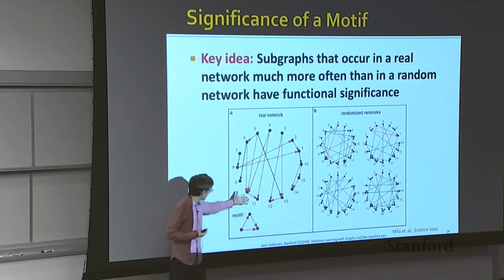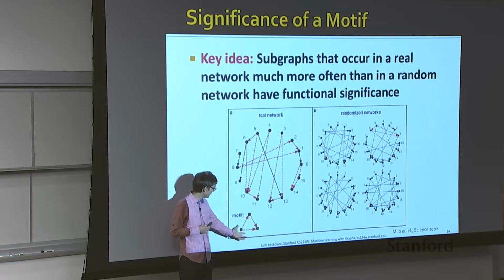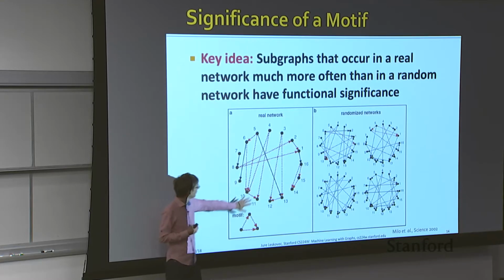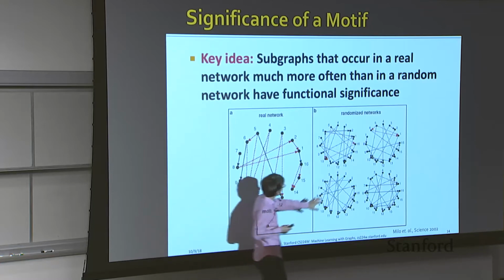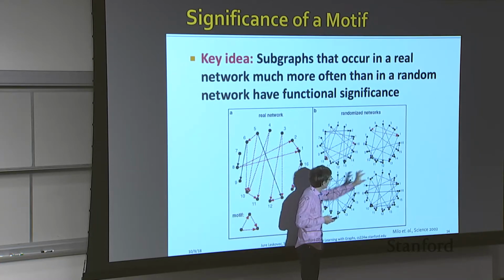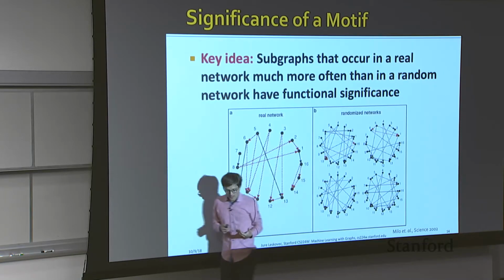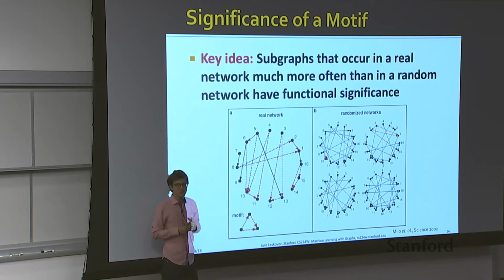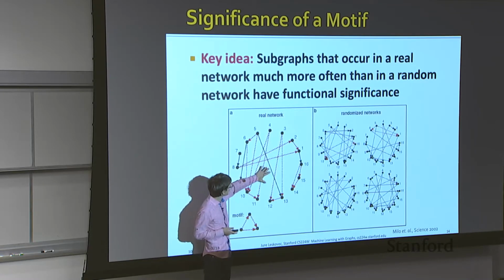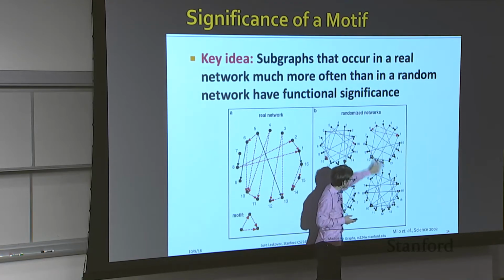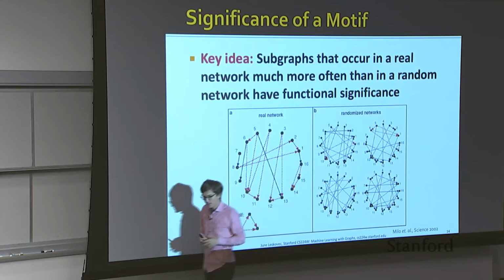So if this is my real graph and this is my motif of interest, the feed-forward loop, here with red edges, all the instances of that feed-forward loop are illustrated, and here are some randomized networks, and here again with red edges, instances of this motif are illustrated. And what should become clear from this picture is that there are a lot of instances of the motif in this graph, but very few instances of the motif in this randomized version of the graph.